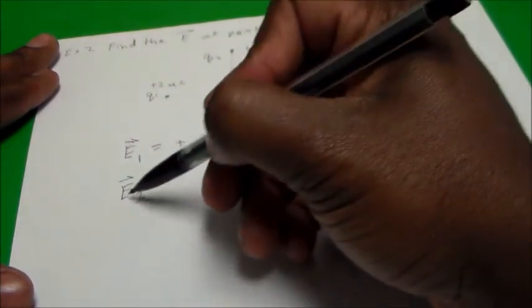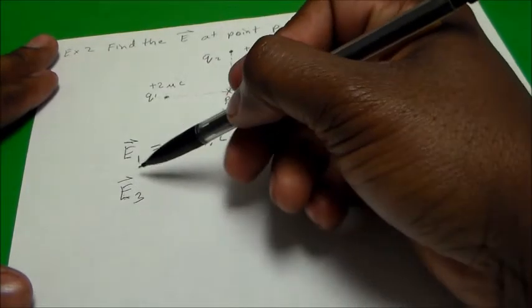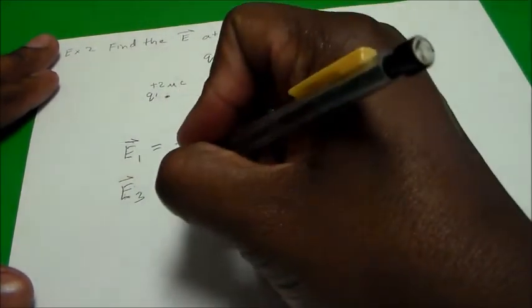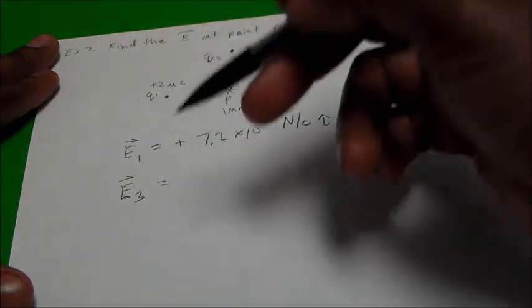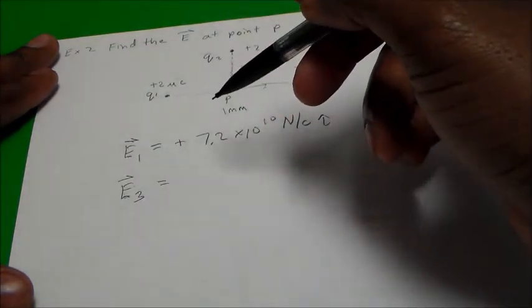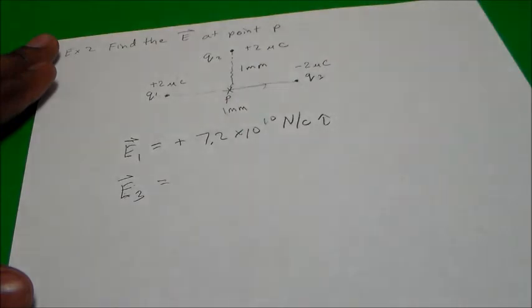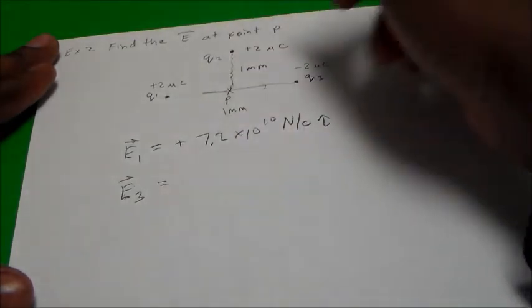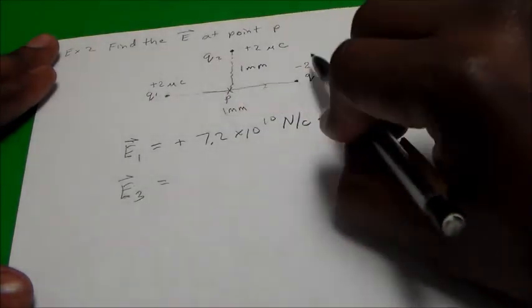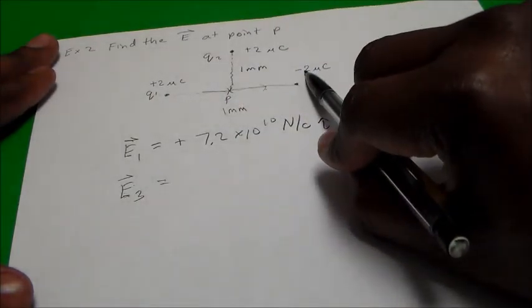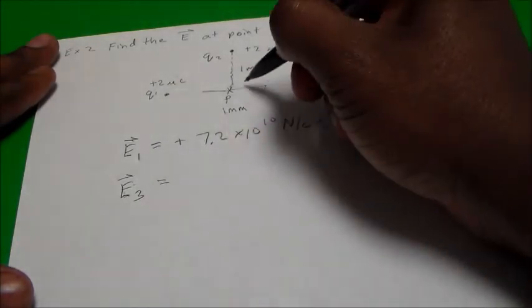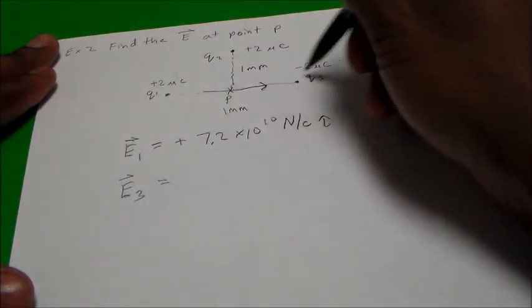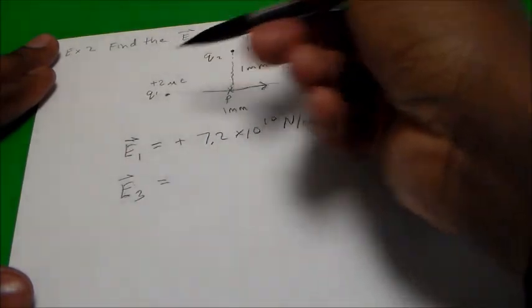So we'll say that E vector for number 3 here, remember, that was going the opposite direction, right? Because remember this is negative, so it's not pointing away. It is also pointing in the positive direction. It won't be pointing in the negative direction.